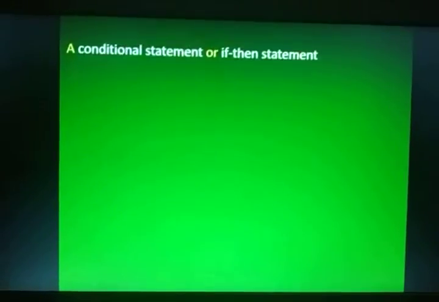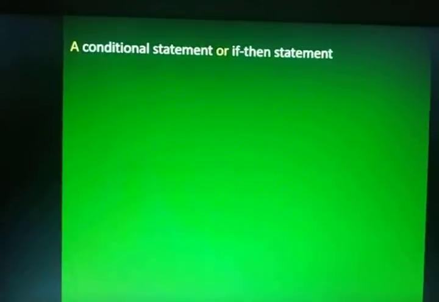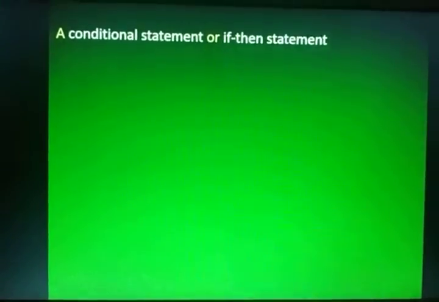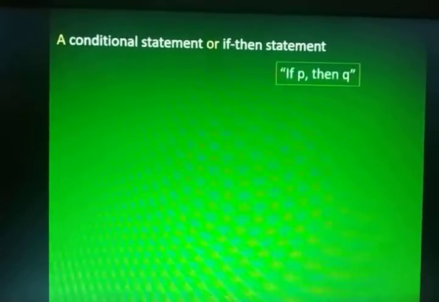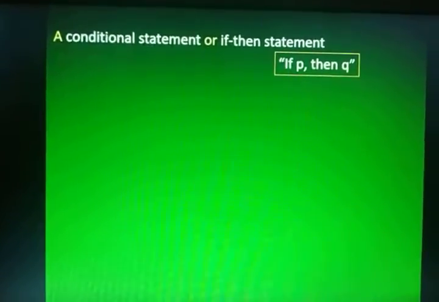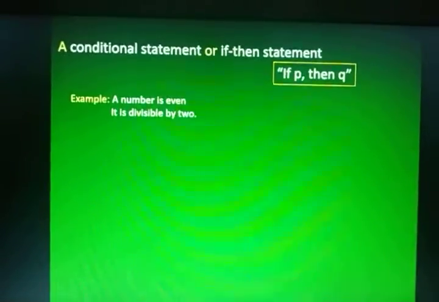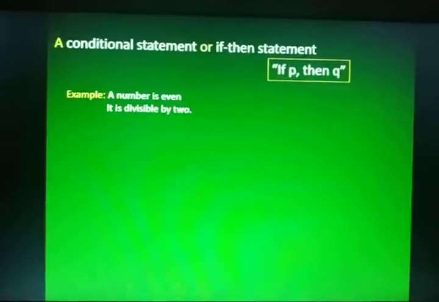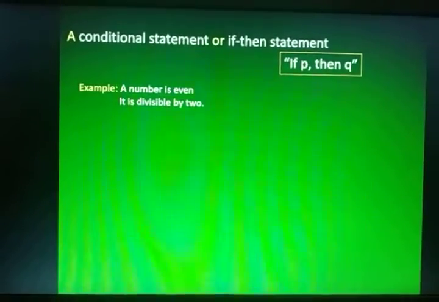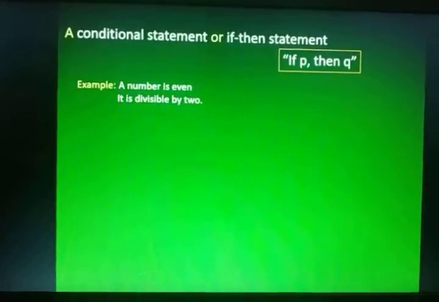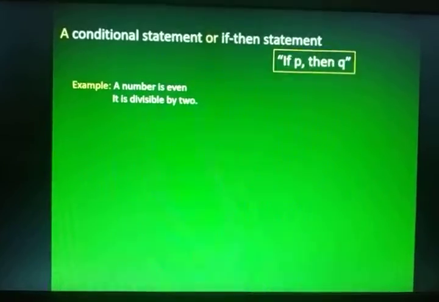A conditional statement, just like we studied last time, is an if-then statement. This is in the pattern if P, then Q. Example, we have 2 statements to be joined in one. A number is even. It is divisible by 2.